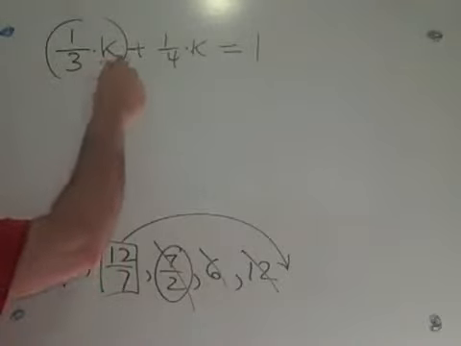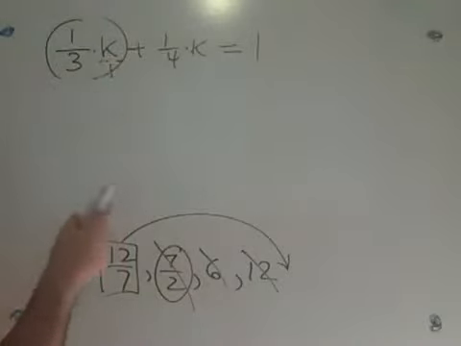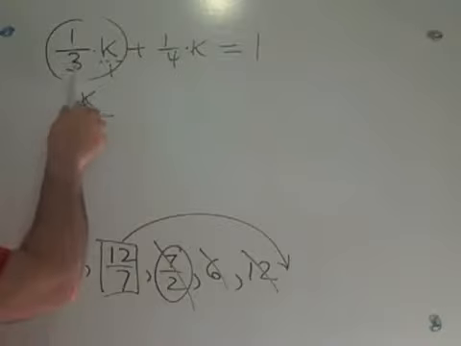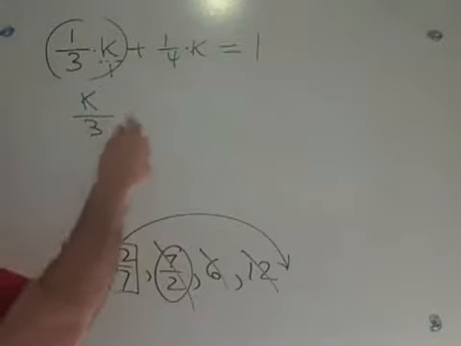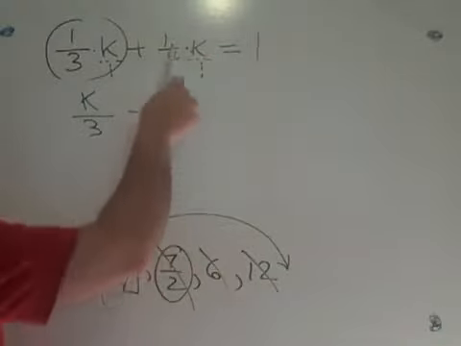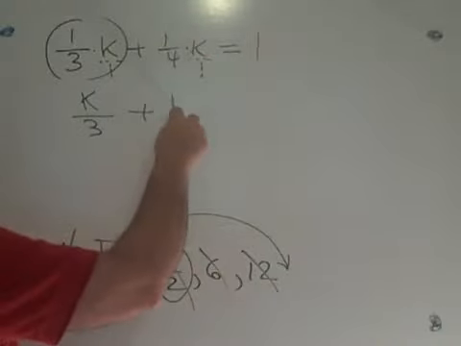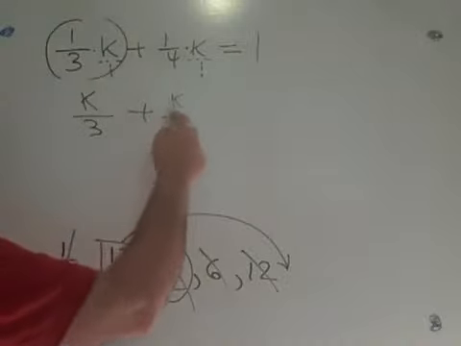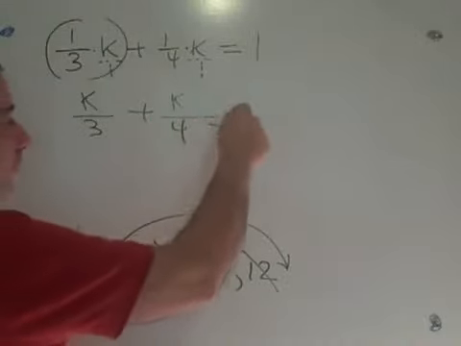If you like, you can think of this as over 1. 1 times k is k over 3 times 1, which is 3. Plus, if you like, think of this as over 1. 1 times k is k over 4 times 1, which is still the number 4.